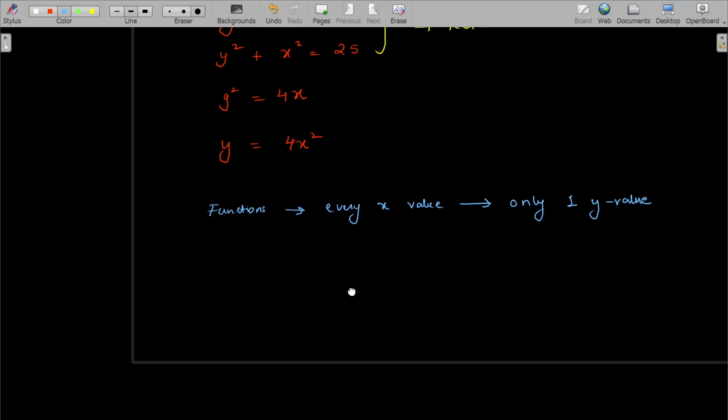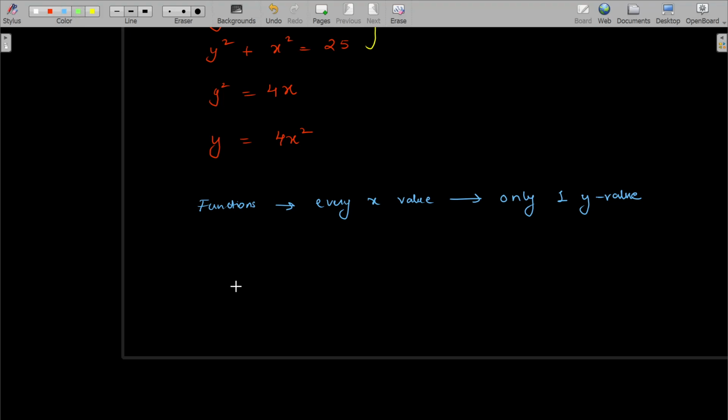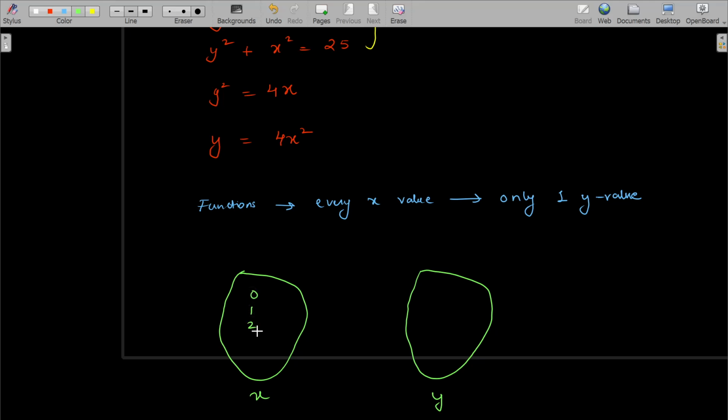For example, if you have two sets, the first set denotes the x values and the second set denotes the y values. Here you have some numbers 0, 1, 2, 3, 4, 5, and here you have some values a, b, c, d, e. It can be anything.